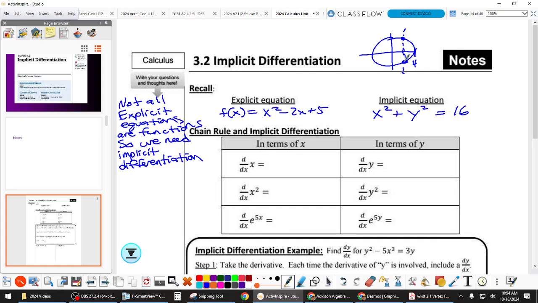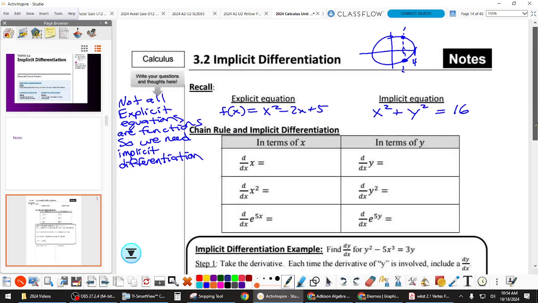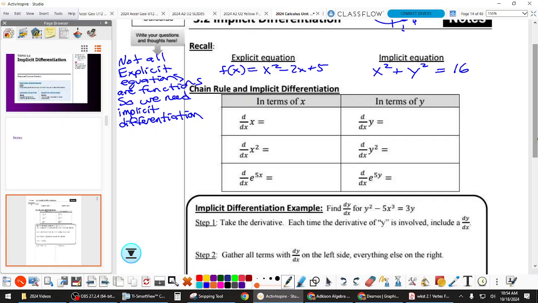Anyway, how do we take the derivative of something like this when we have more than one variable? What I want you to write somewhere on your paper is the phrase "with respect to." It's a huge concept with these. What are you differentiating with respect to? In other words, is this an x derivative or a y derivative?